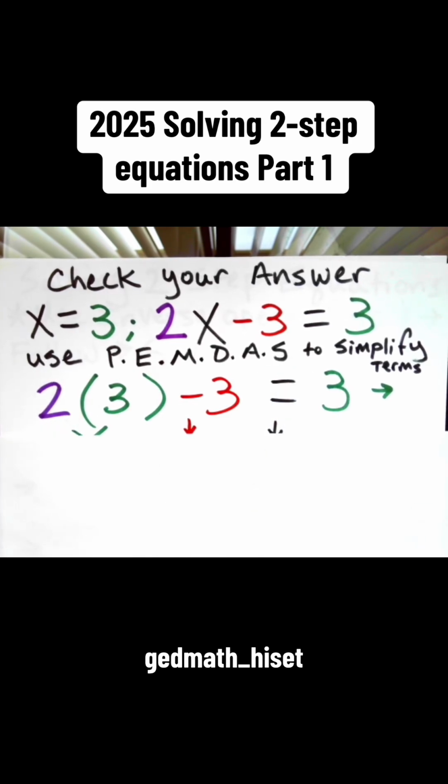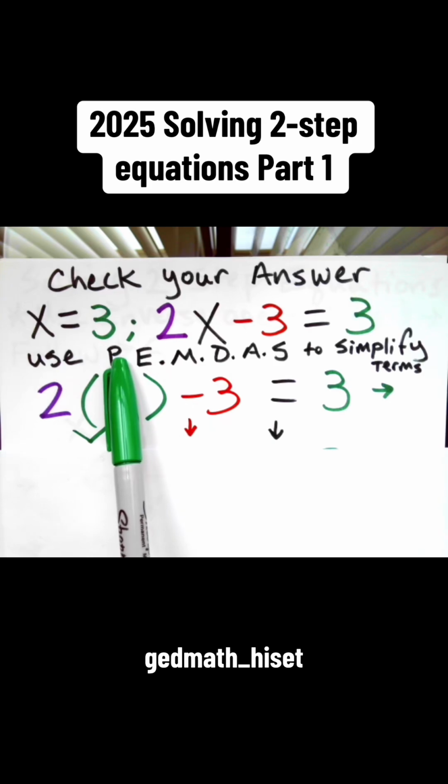So when you're simplifying terms, you use PEMDAS. When you are solving for x, y, or z, you would use the opposite or the inverse of PEMDAS. 2 times 3, that's multiplying. I can multiply, right? There is a parenthesis here, but there's nothing inside the parenthesis I can do.